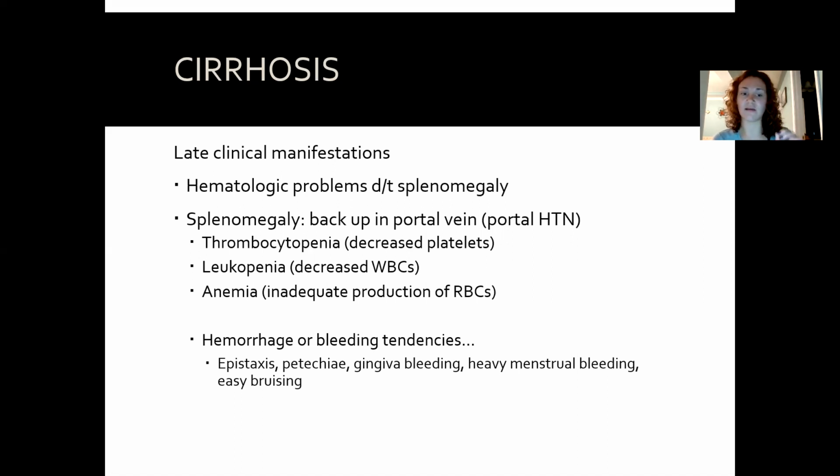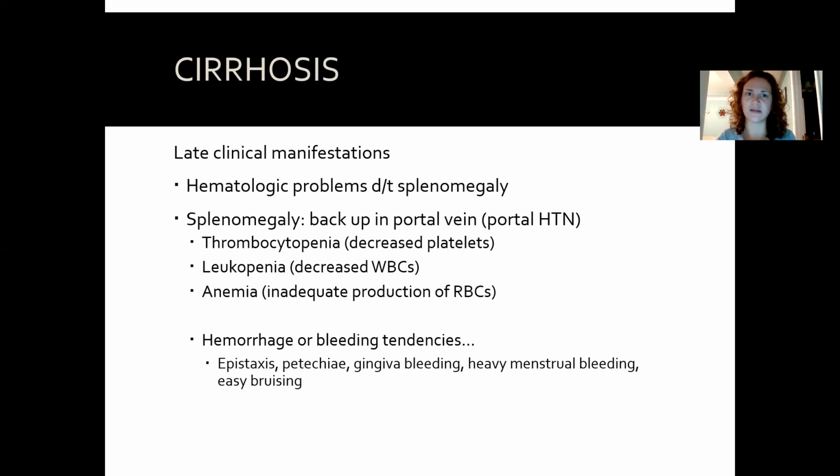So you could see things like epistaxis or prolonged nose bleeding, petechiae, which are the small little pinpoint bruises that patients can develop, gingival bleeding, gum bleeding. They can brush their teeth and they're going to bleed like crazy. Heavy menstrual bleeding if the patients are young enough to still have menstrual cycles, and easy bruising.